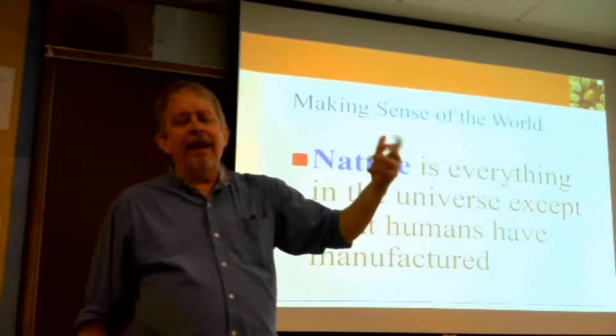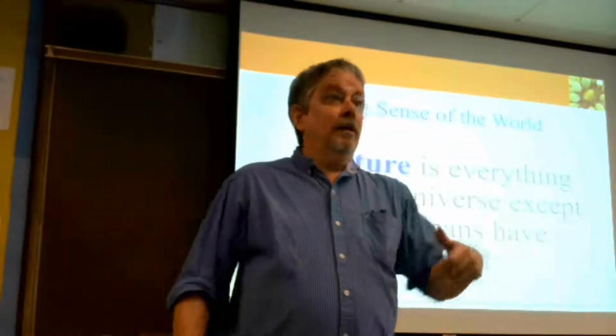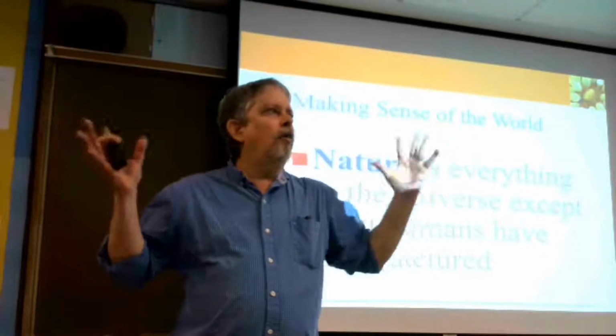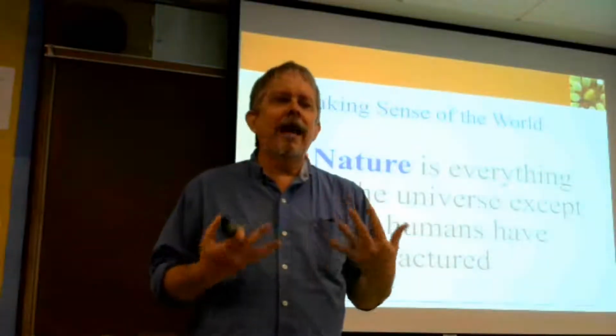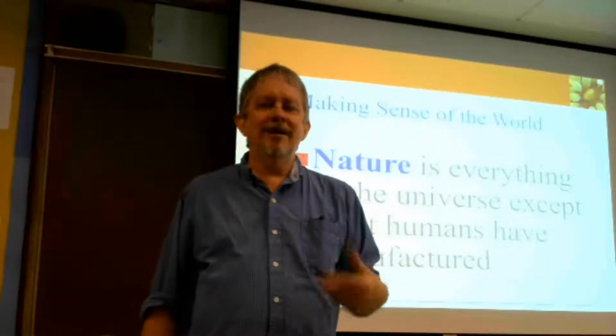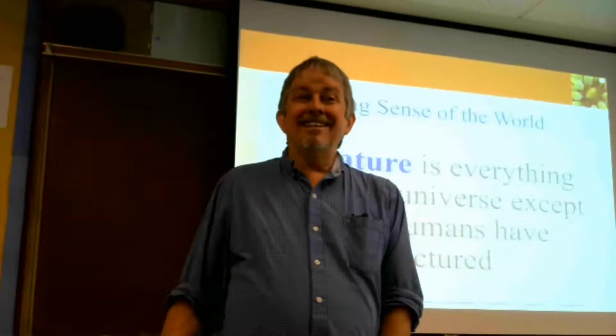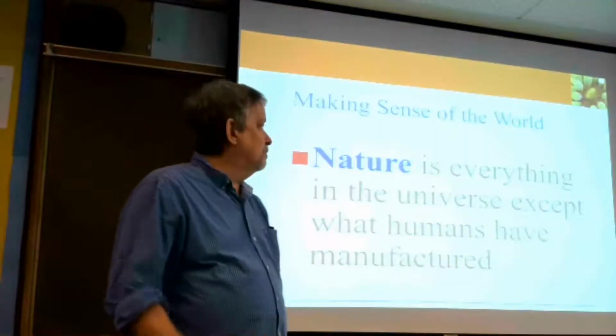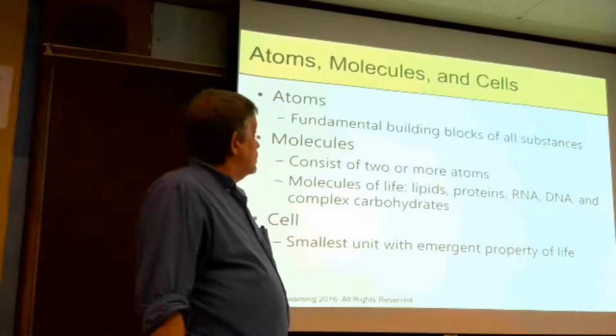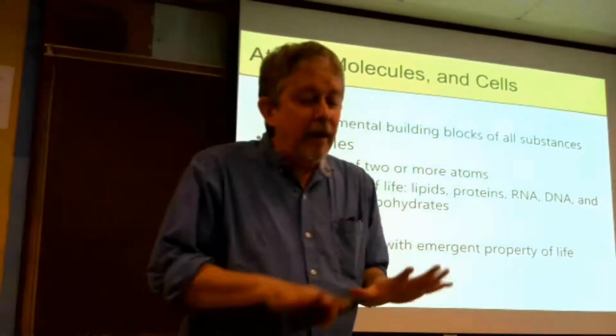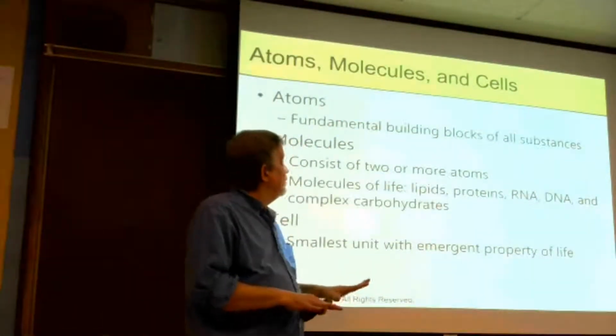Rocks, plants, trees, animals, clouds, all of that occurs naturally. Automobiles, plastic, things like that don't occur naturally. That is manufactured.